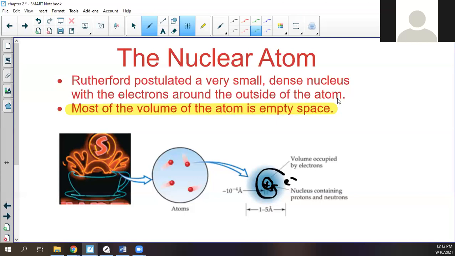He said that the plums, and let's use, that's gross. How about the chocolate chip cookie model? You with me? The chocolate chips represented the electrons, and everything else around it was just some positive aura that balanced out the negative. They had no idea there was actually something in the middle that was the positive that balanced out the negative.